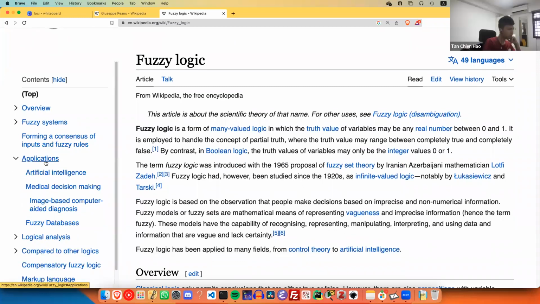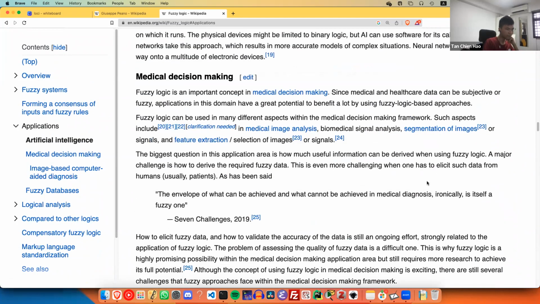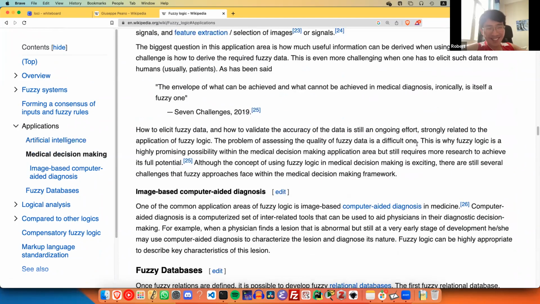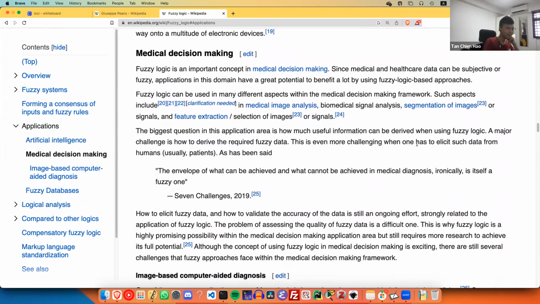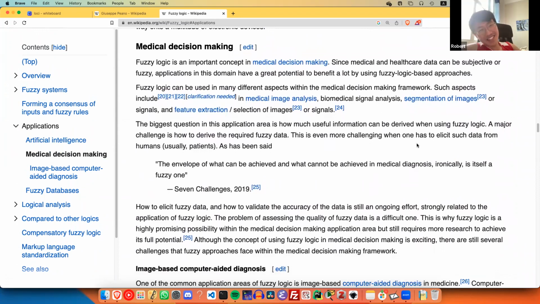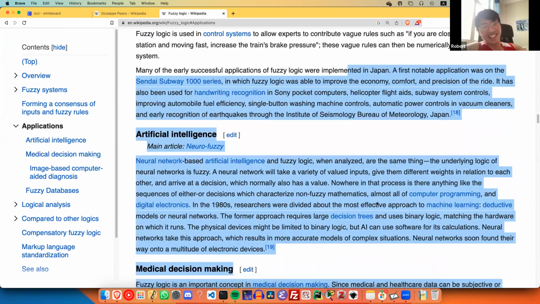Applications? AI, medical decision making. Medical decision making just sounds like a really cursed thing to use it on. Imagine deciding there's only 0.1 treatable, so we're not going to treat.